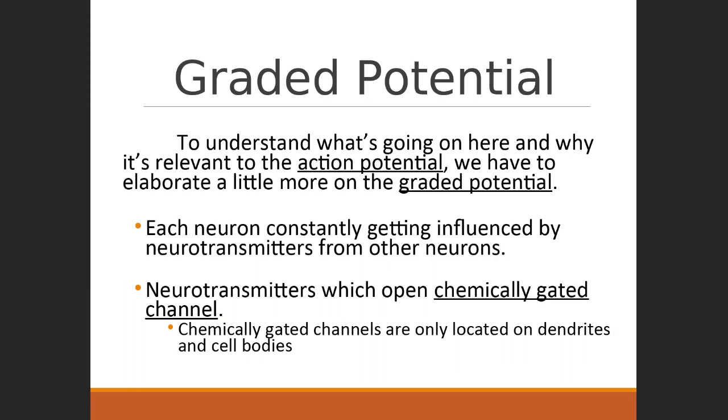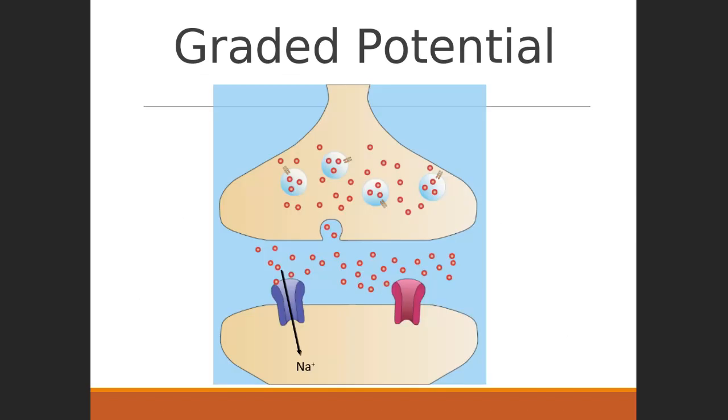Now, to take a step back, let's look at what we really mean by opening up a chemically gated channel. Because most of the time, this is a little bit of the chicken or the egg. Surely by now, someone has thought, where the heck do these chemicals come from to open up a chemically gated channel? And that's a good question.